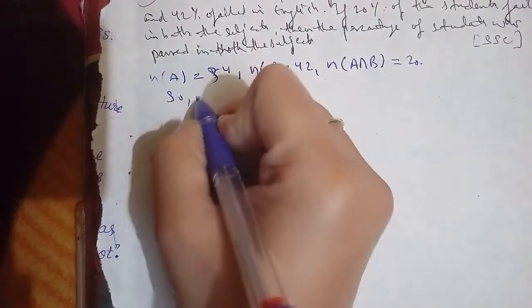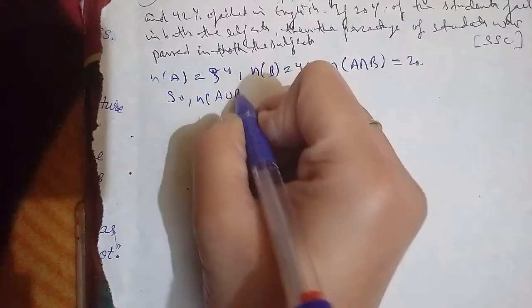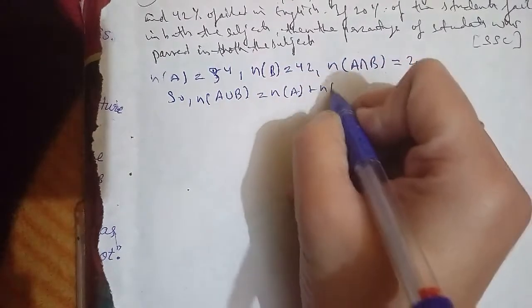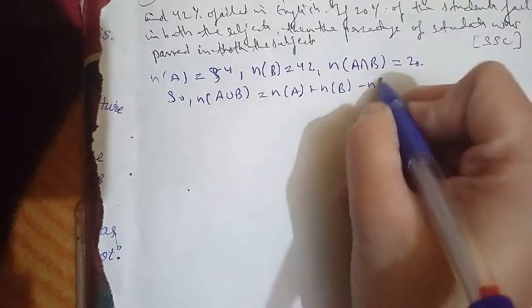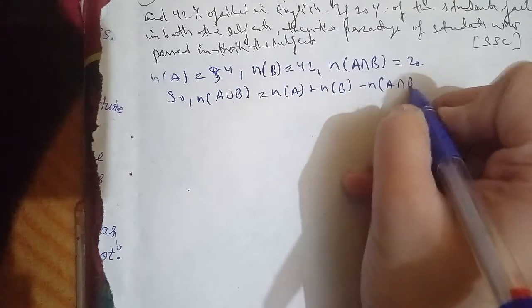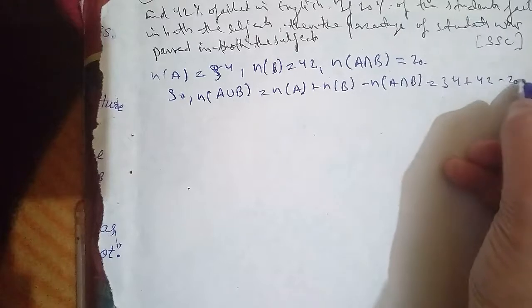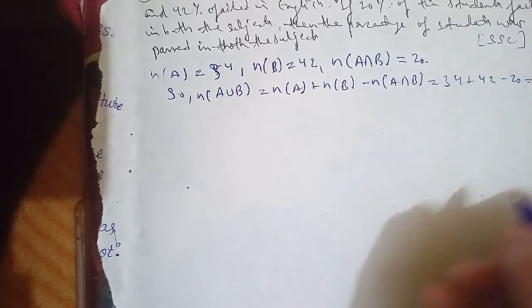So n of A union B equals n of A plus n of B minus n of A intersection B, which is 34 plus 42 minus 20, that is equal to 56.